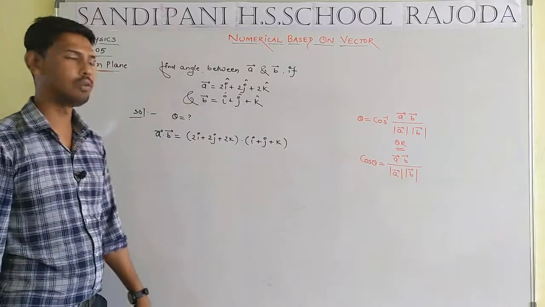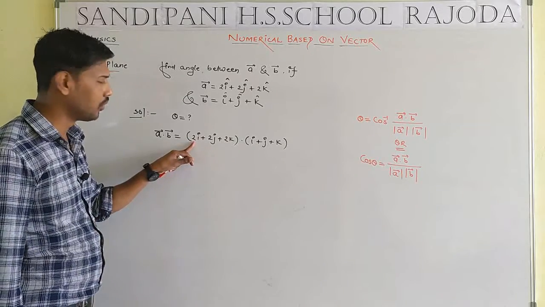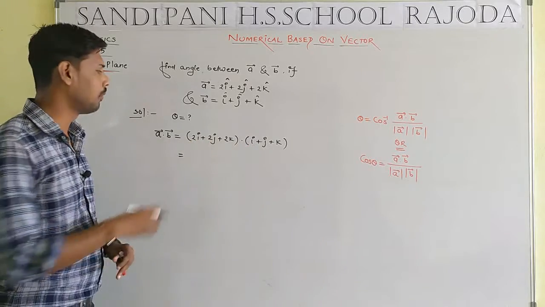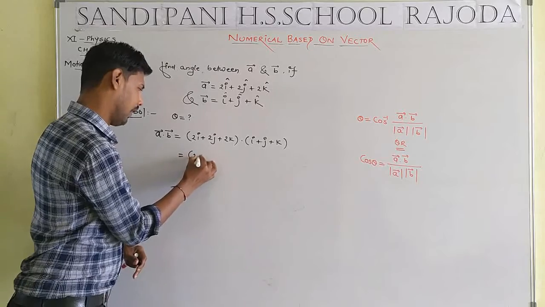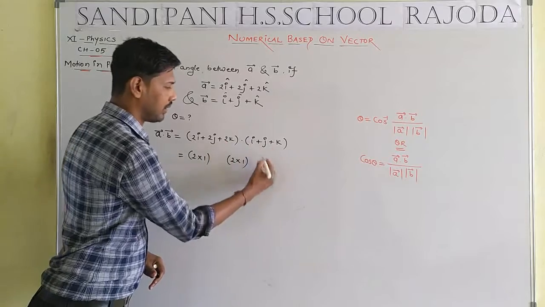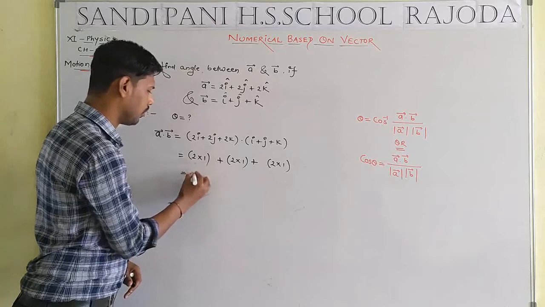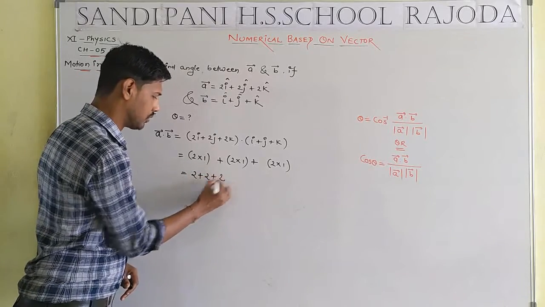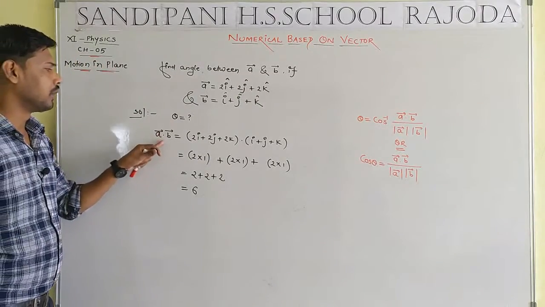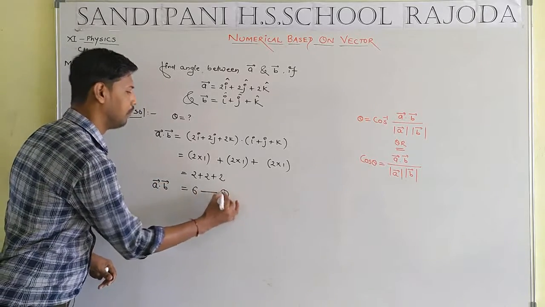What is the concept related to the dot product, students? The coefficient of i multiplied with the coefficient of i, 2 into 1, then again 2 into 1, then for k, 2 into 1, and plus. So 2 into 1 is 2, plus 2 plus 2 is equal to 6. Students, we get vector A dot vector B equal to 6.